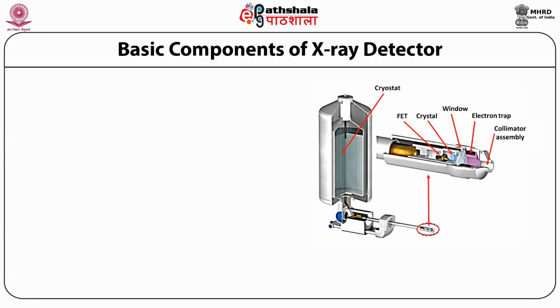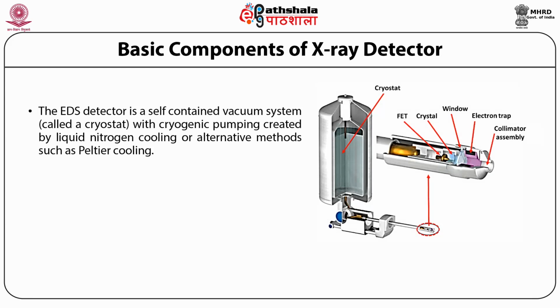The X-ray detector. The EDS detector is a self-contained vacuum system called a cryostat with cryogenic pumping created by liquid nitrogen cooling or alternative methods such as Peltier cooling.